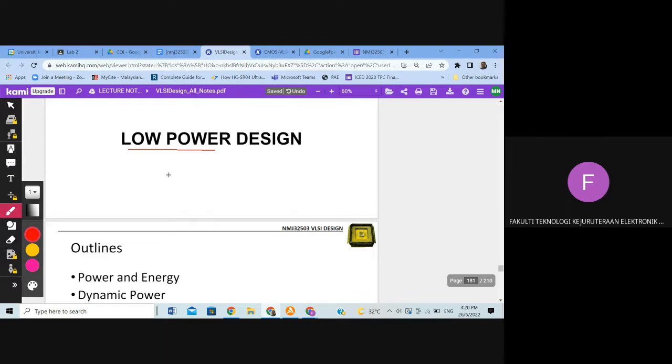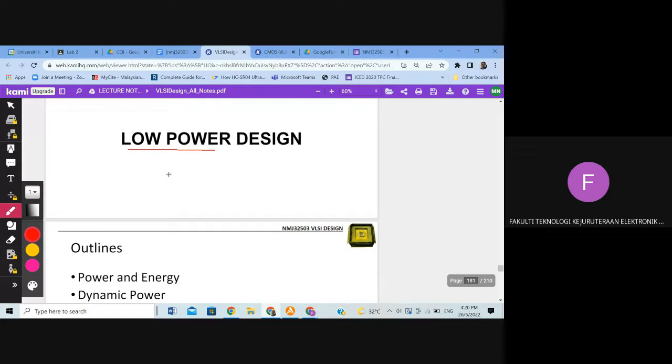Just imagine you have a device like your mobile phone. You don't want it to consume more power. You want to charge only once a day, with no need to charge multiple times a day. That is related to power consumption and power dissipation of that design or chip.